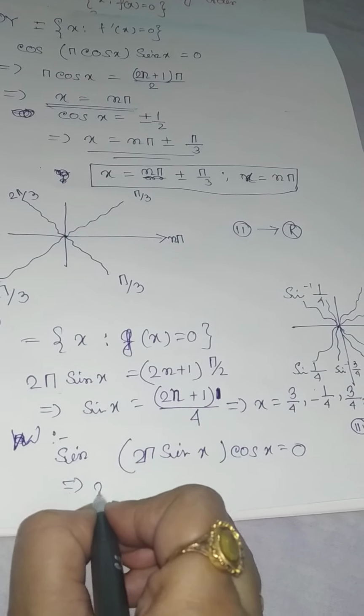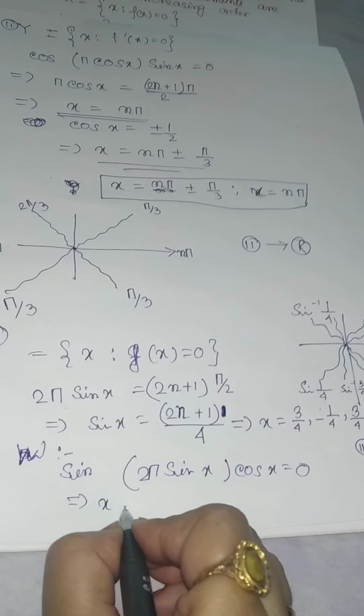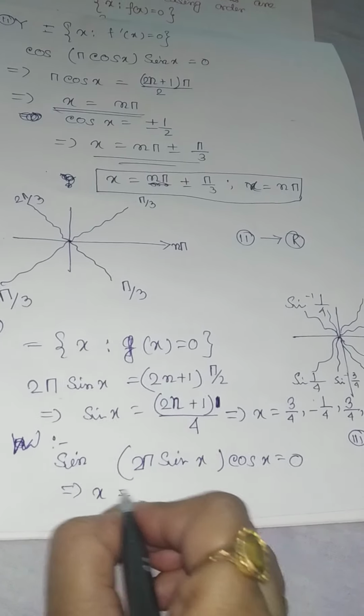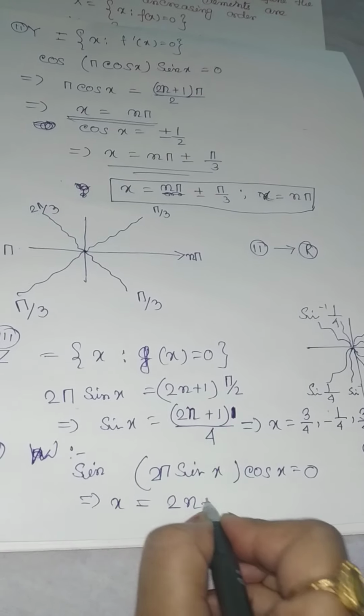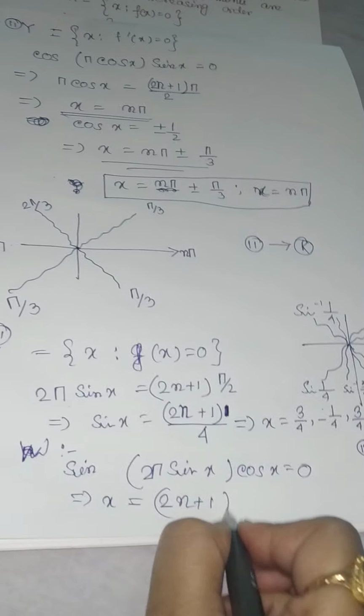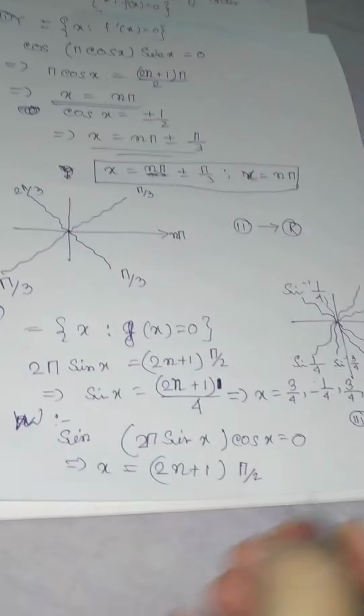That implies either x = (2n+1)π/2, or 2π sin x = nπ.